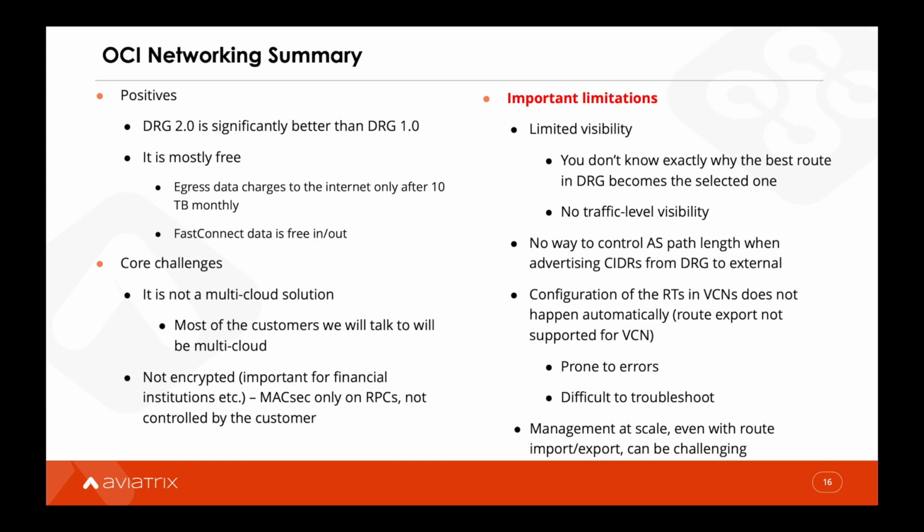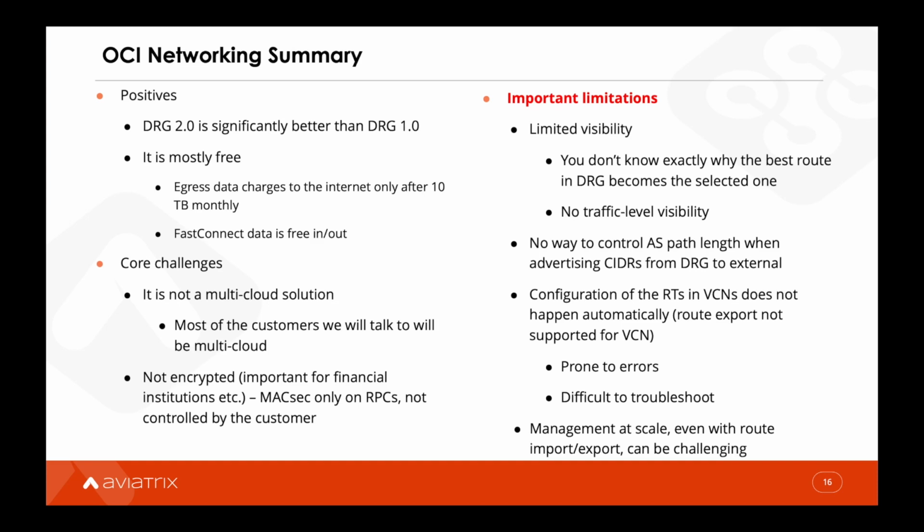You don't have an easy way to control the route advertisement from the perspective of things like metric or AS path length and so on. So sometimes it might be difficult to guide your traffic the way you want it to, especially when it has to come from your data center into Oracle.